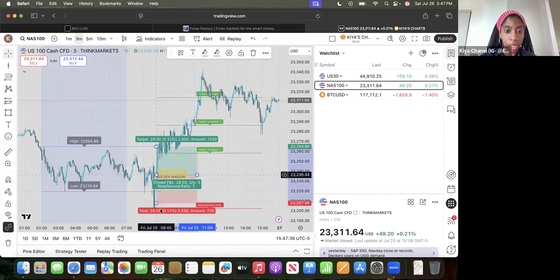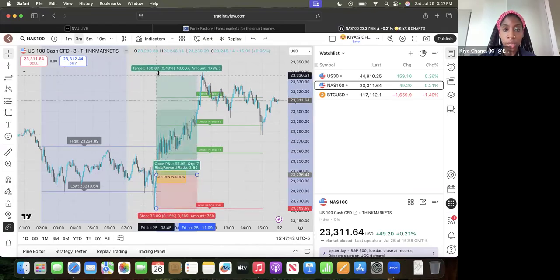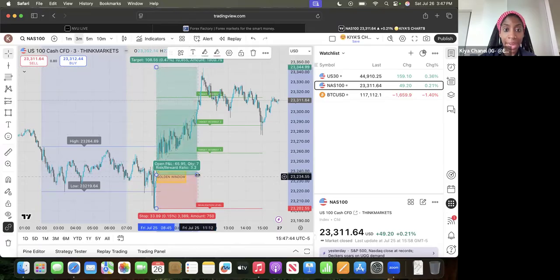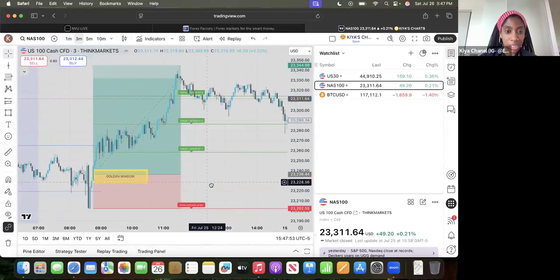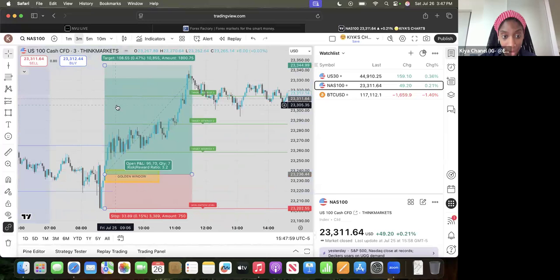You got in right here at the golden window. You got your invalidation zone. It went past TP3. Like, what? That is fire.